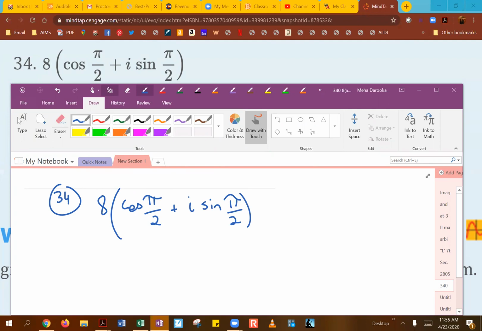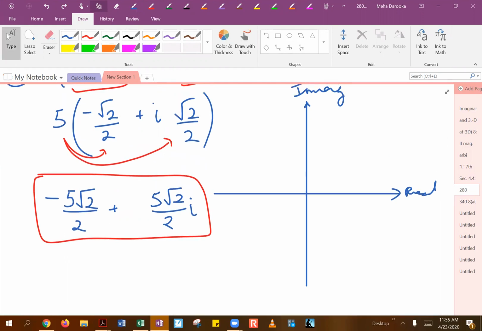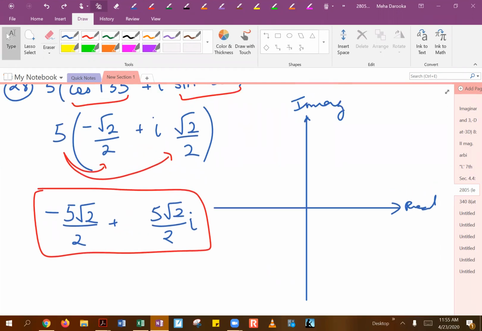Oh, we didn't graph it in that previous example. If you had to graph this, where would you place it? It would be in the second quadrant, and the decimal approximation for it is 3.53, so about 3.5. Okay, so yeah, quadrant 2 is right because we have negative for the real value and positive for the imaginary value.